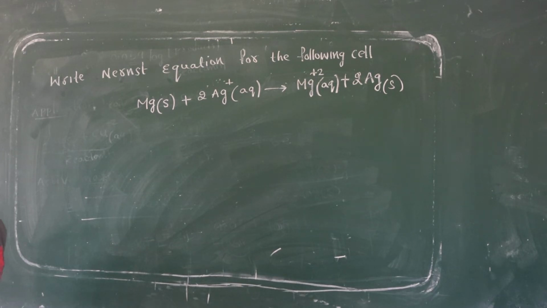Mg solid plus 2Ag+ aqueous gives Mg+2 aqueous plus 2Ag solid. Write down the Nernst equation for this. Mg solid plus 2Ag+ gives Mg+2 aqueous plus 2Ag solid.